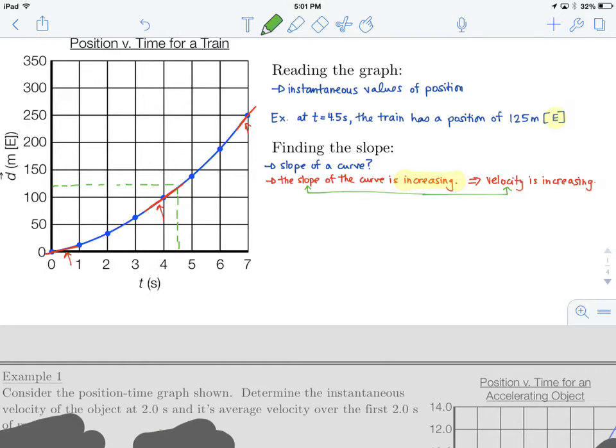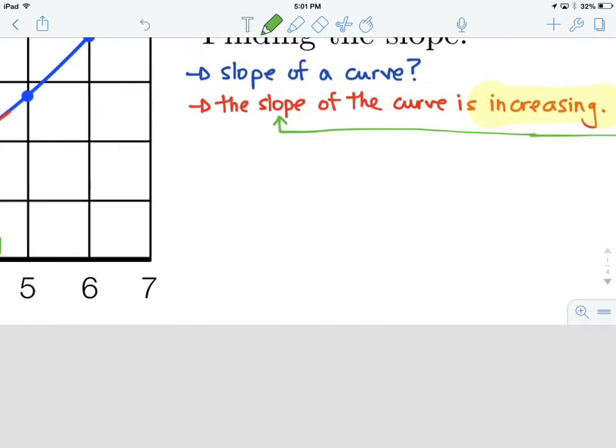So the question then becomes, okay, how do we then determine a velocity from this graph? And the way that we're going to do that is we're going to set up a definition. Okay, so we're going to set up a definition, and we're going to do it right here with the room that we have.